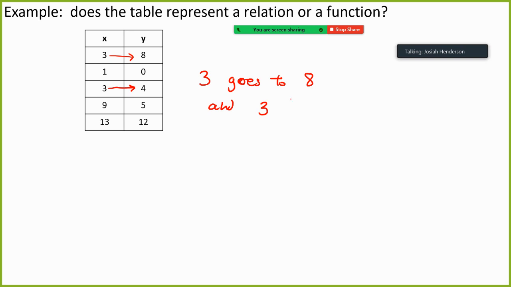That's a problem. That means that we have an input that doesn't have a single unique output. It has two different outputs. This input of 3 does not have a unique output. So that means this is not a function.